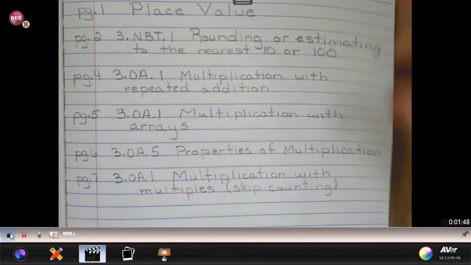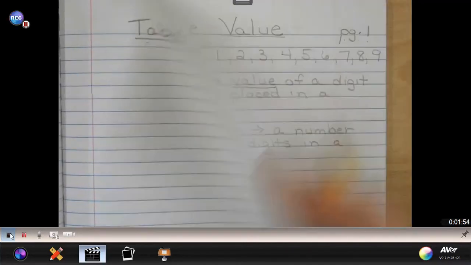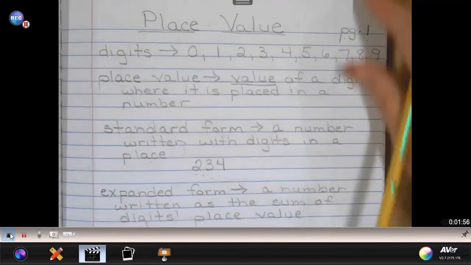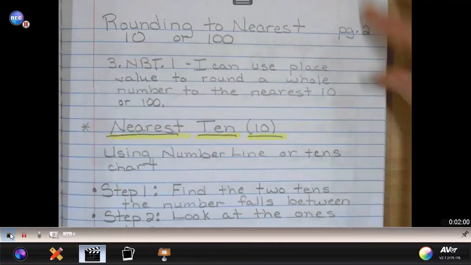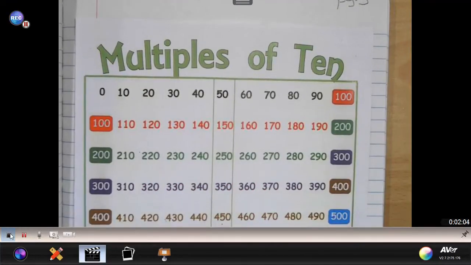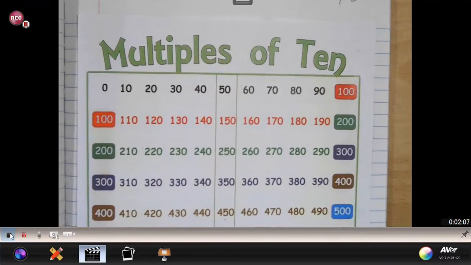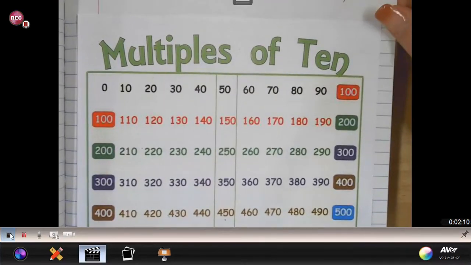If you remember, our second page is another table of contents, just in case we need it. Page 1 is on place value. Page 2 is rounding to the nearest 10 or 100. On the back of page 2 is rounding to the nearest 100. We have our chart here to help us with our rounding.